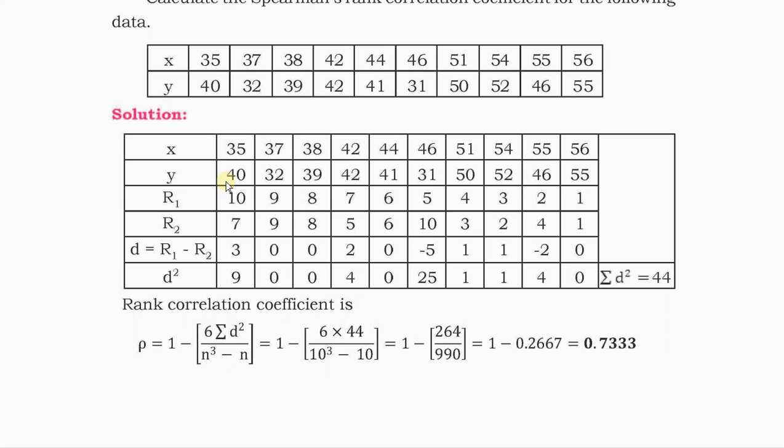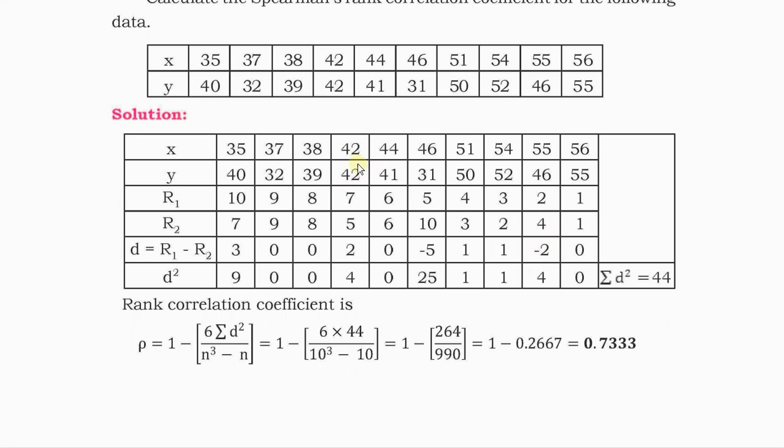Next, y values. So in the y values, the highest value here is again 55. So it is given the rank 1. The next highest value here is 52. So it is given the rank 2. The next highest value is 50. Hence it is given the rank 3. The next highest value is 46. Hence the rank is 4.